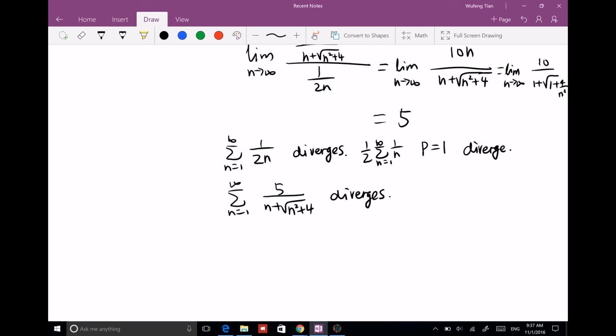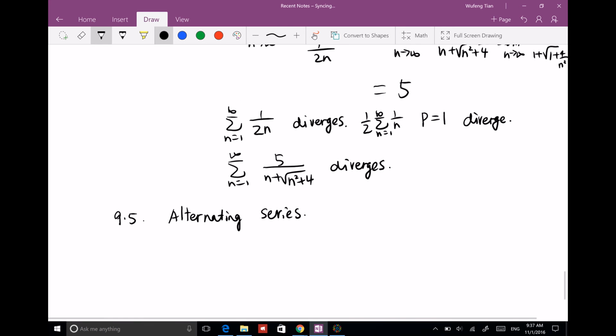All right. So I think we can move on to 9.5 and alternating series. Now I'm going to write down a series. 1 minus 1/2 plus 1/4 minus 1/8 plus 1/16.